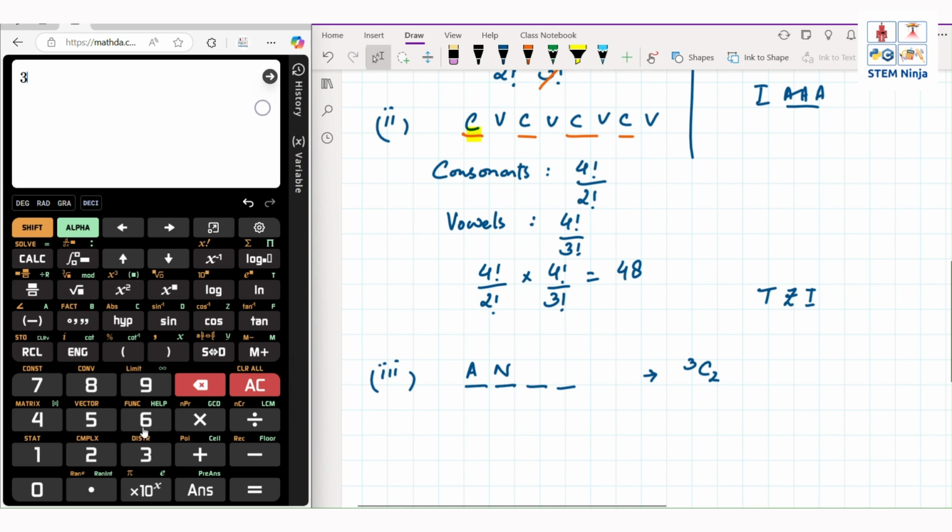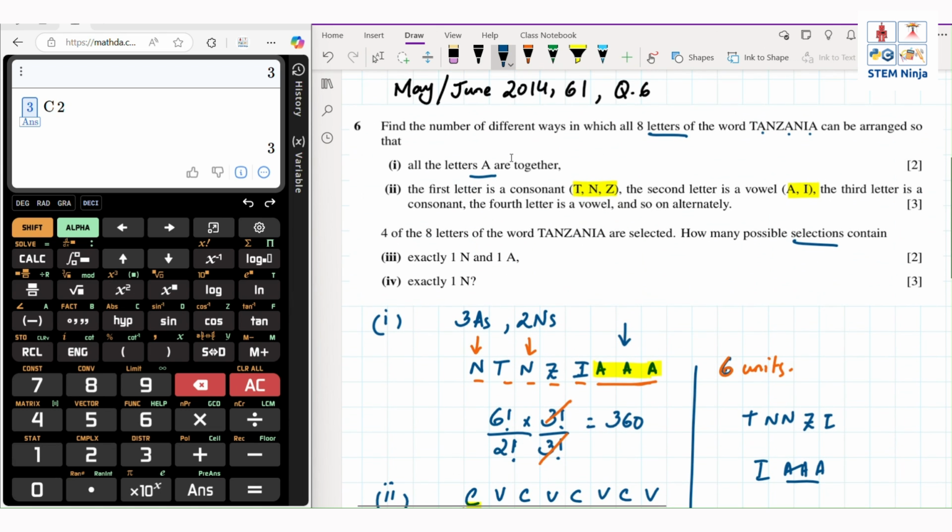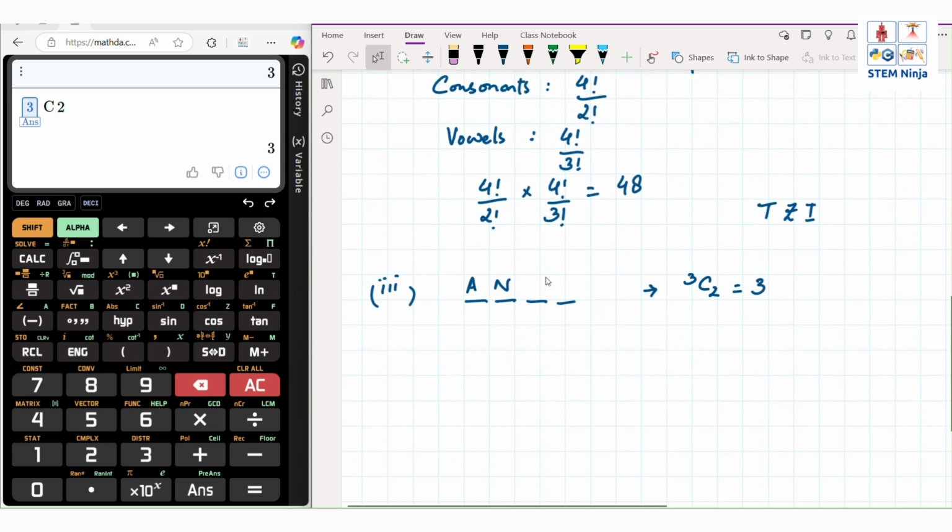We have just three. Okay, simple, straightforward. Exactly one N. Now we have one N but multiple options for A. Since A's are identical, we need different cases for them.